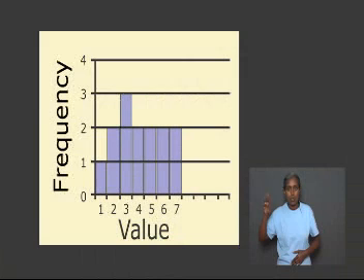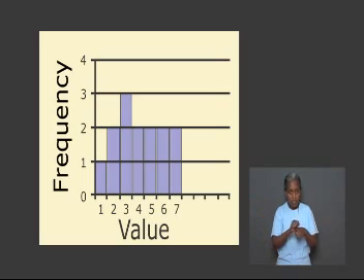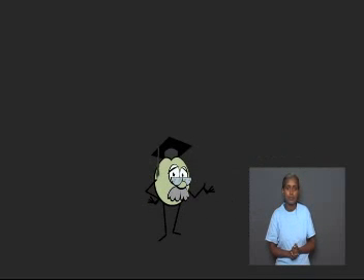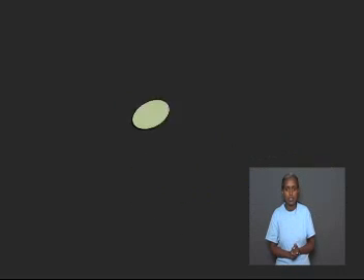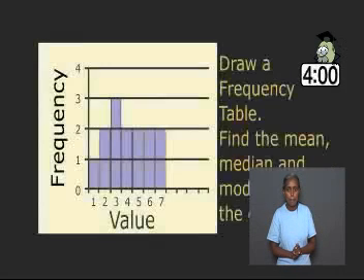Please take a piece of paper and draw the frequency distribution table for this histogram. Then, calculate the mean, median, and mode of the data. Begin the activity now, students. Students, let's get ready. Begin.